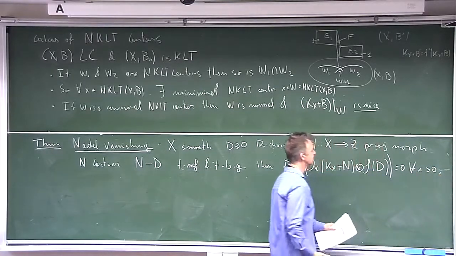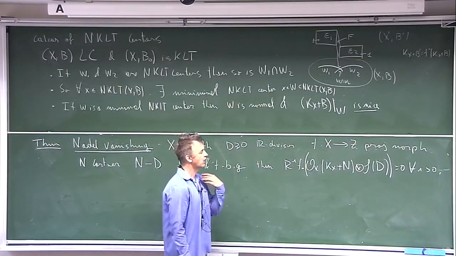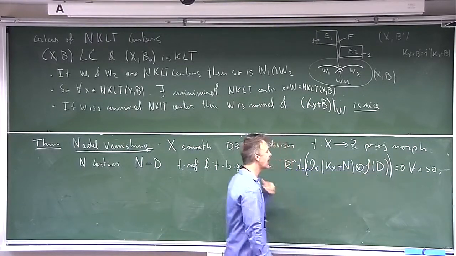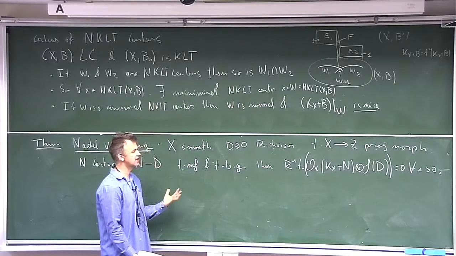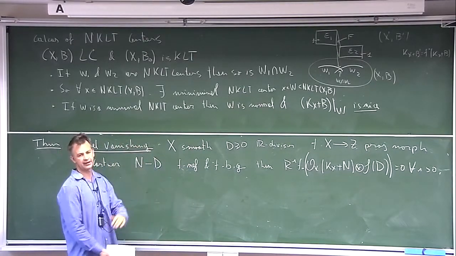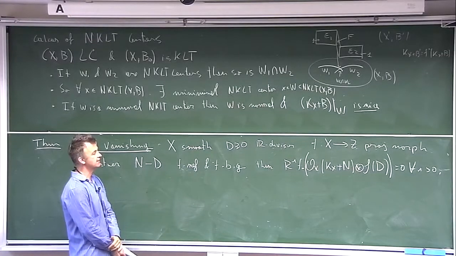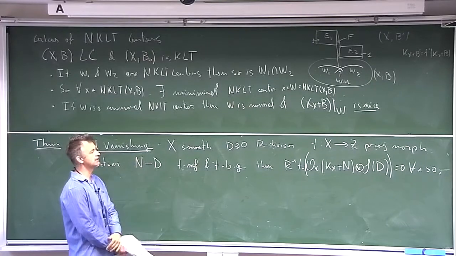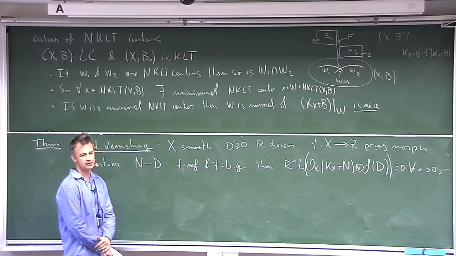Okay, so how does this compare to Kawamata-Viehweg vanishing? Well, Kawamata-Viehweg vanishing did not have the multiplier ideal sheaf here, but it had one extra assumption. It's essentially the same, except that K_X plus N is what I called L in the previous statement. But I had one more hypothesis: that (X, D) was Kawamata log terminal, right?